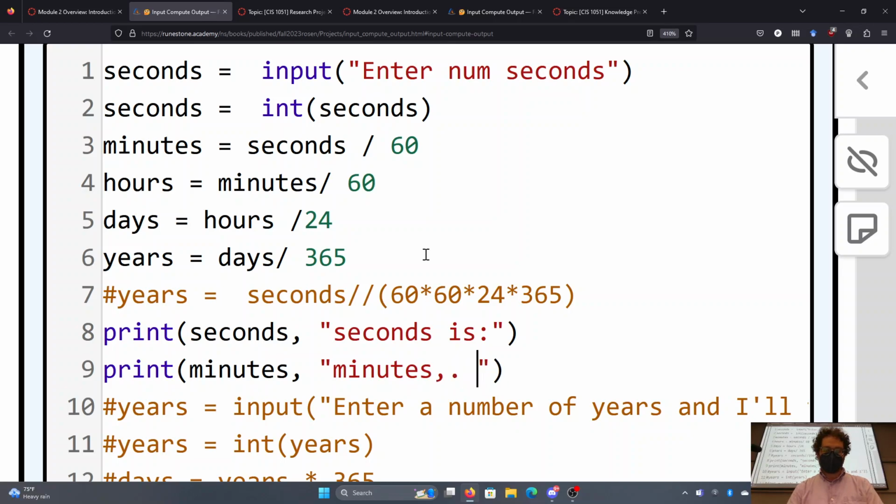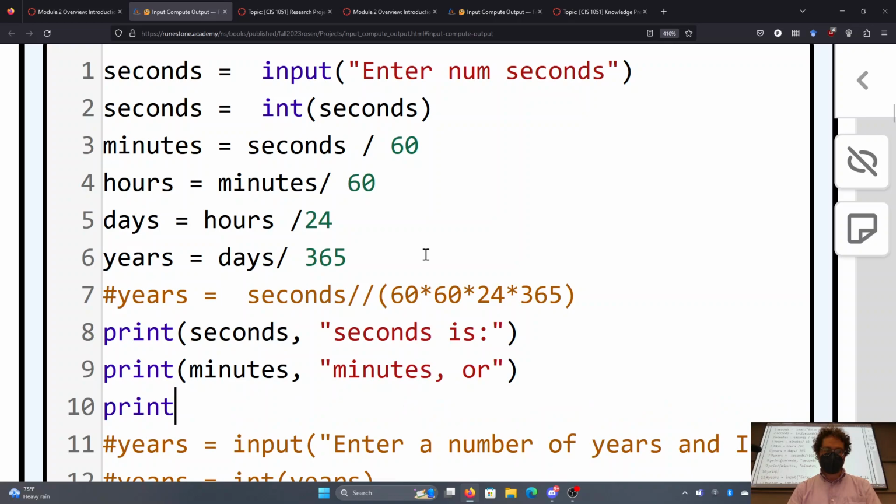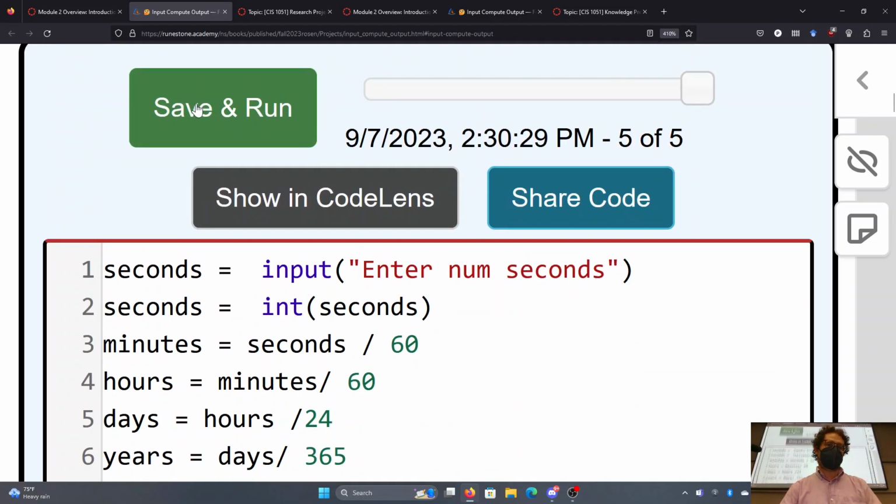Minutes, comma, or print hours, comma, hours, comma, or, and then you kind of get the idea going on where I'm printing out each individual unit as it's been converted.